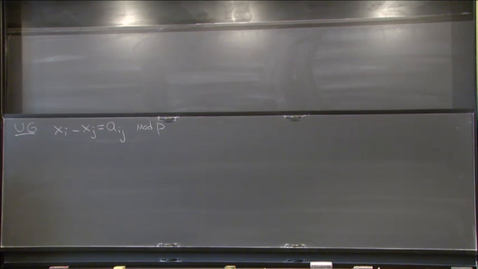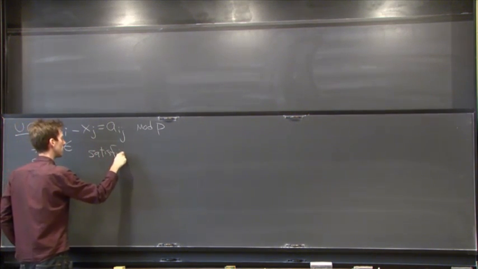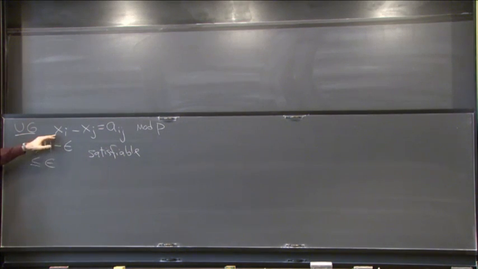But if you want to ask, is it greater than 1 minus epsilon or less than or equal to epsilon satisfiable? In other words, does there exist a set of x's that will satisfy more than a 1 minus epsilon fraction of the constraints? Or does any choice of x's satisfy at most an epsilon fraction? This we don't know the difficulty of. And you can think of this as roughly the unique games problem.